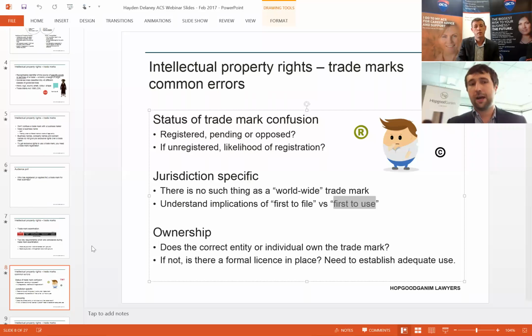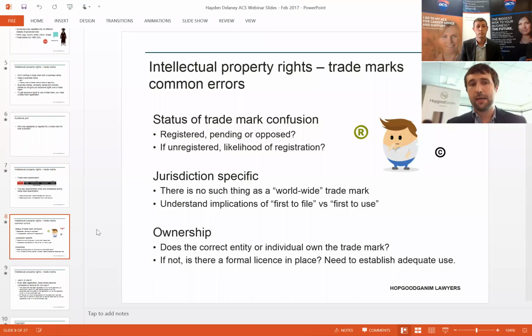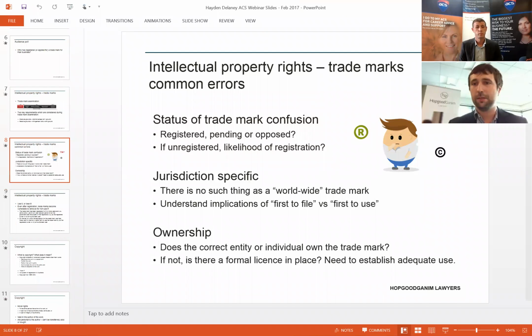Okay. Another trap with trademarks. Some people make the mistake of thinking trademarks are really simple, but there are just a whole bucket load of traps you can fall into. So sometimes people might register the trademark in their own name, maybe as a shareholder, yet the entity that uses the trademark might be a company, right? You might be a shareholder or the majority shareholder in that company.